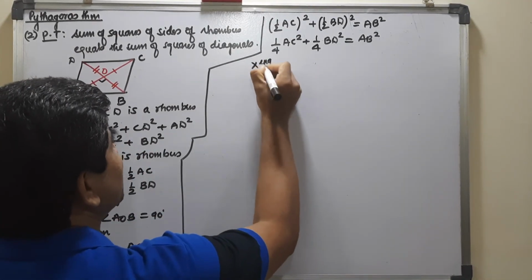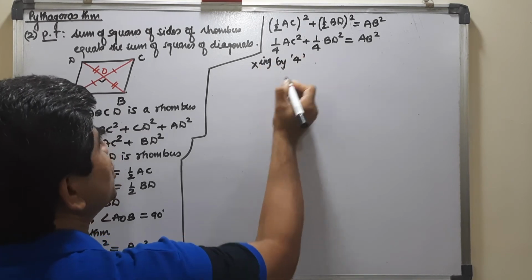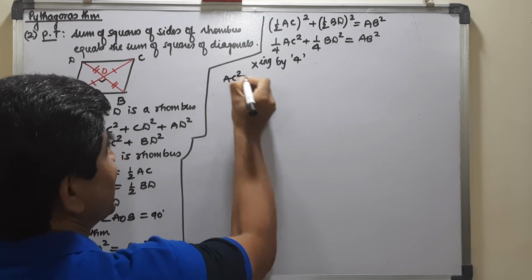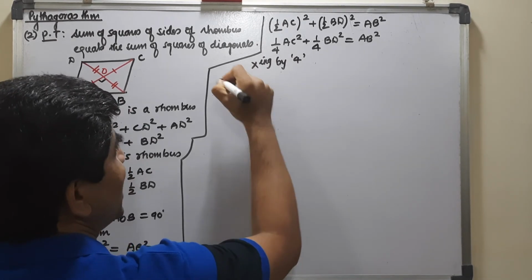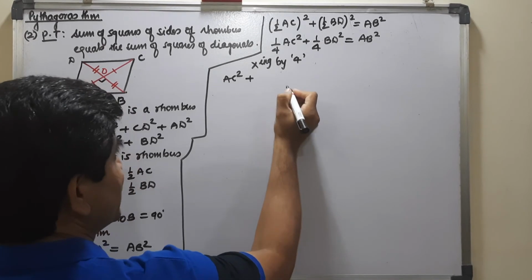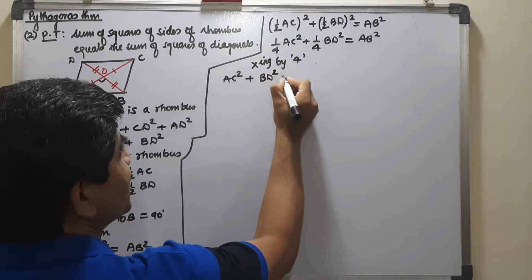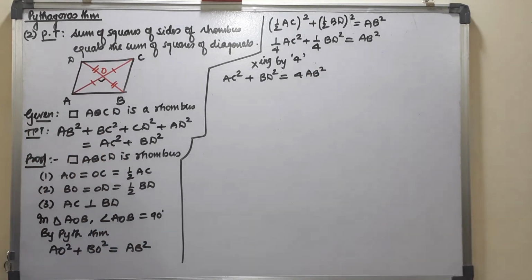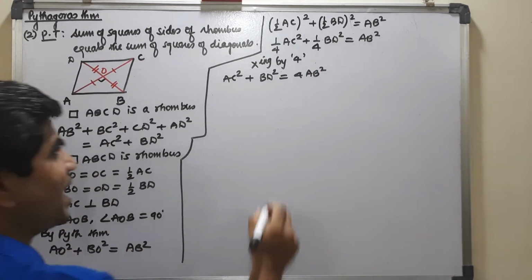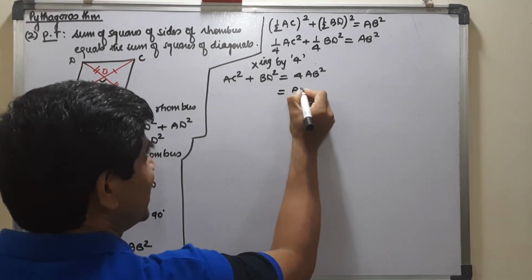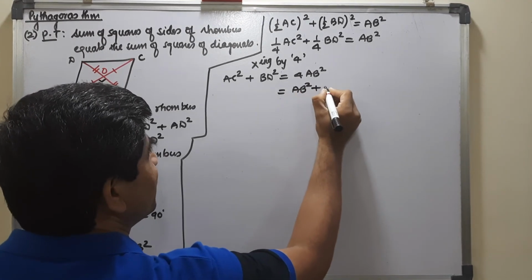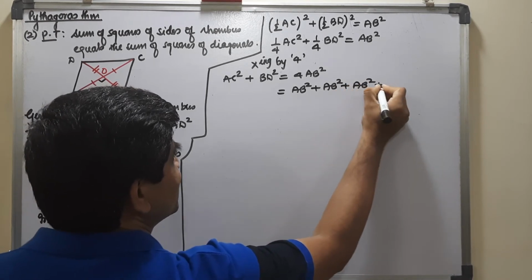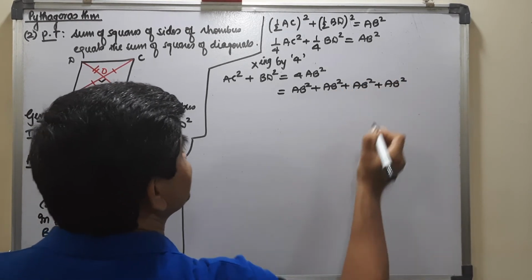I will multiply by 4 throughout, so you get AC square plus BD square is equal to 4 times AB square. This I can write as AB square plus AB square plus AB square plus AB square. Right?